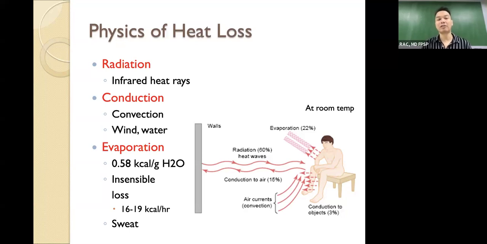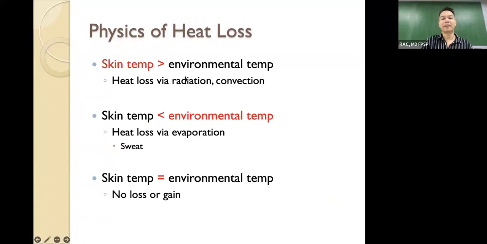However, if the environment is warmer, we will sweat more. And by sweating more, we increase the rate of heat loss via evaporation. So, for example, if skin temperature is greater than environmental temperature, meaning the environment is cold, then majority of heat loss is via radiation, 60%, and convection.